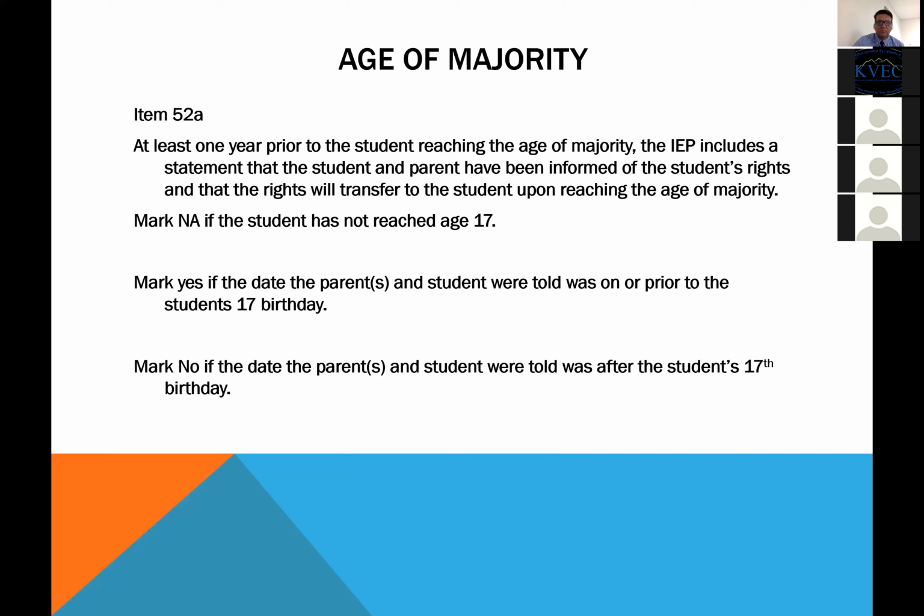Sometimes the child may turn 17 and we don't have a full year to have told the parent or the child. So when you do it at 16, you're for sure going to hit that mark, because some of them have missed it by 1 day. We had one district that the child missed it by 1 day, and we had to mark a no, and that was horrible.